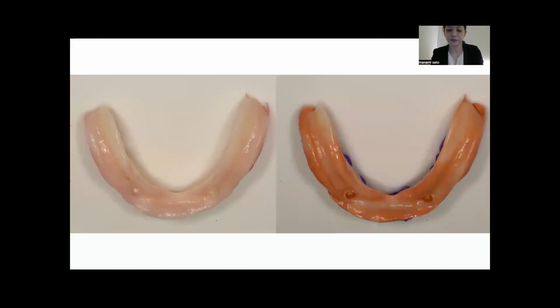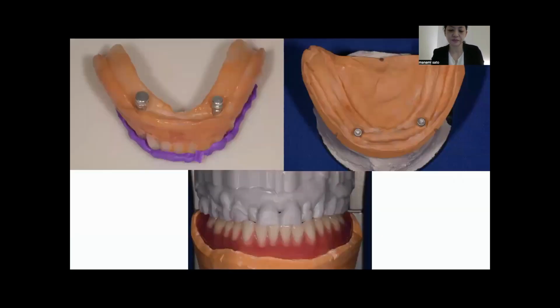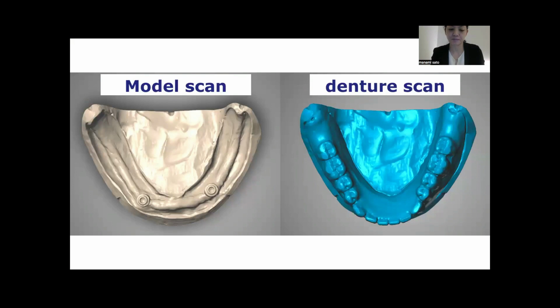First, a copy denture is made and an impression is taken. After attaching the analog, clear the tracer, clean it, and mount it on the articulator. Start making the PEEK plate.